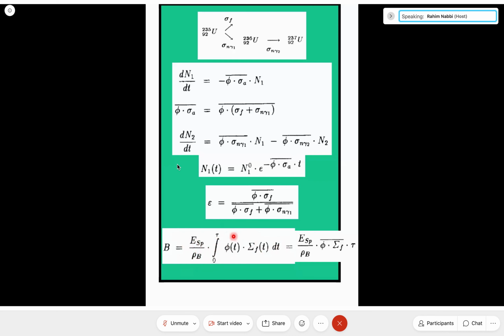So the numerator here is the energy produced in 1 cubic centimeter. The denominator here is the mass per cubic centimeter. For this reason, this one is in kilogram or gram or tons, and the numerator here is the energy.